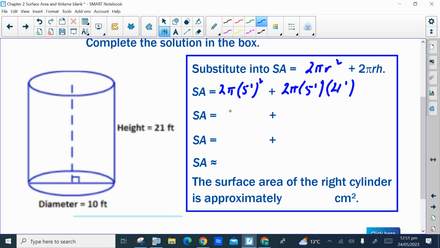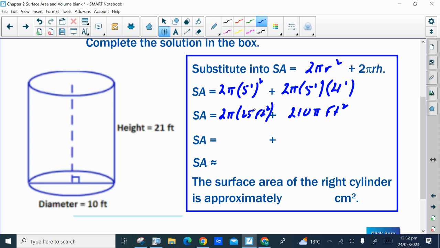So we can square the 5, and we'll get 2 pi times 25 feet squared, plus, we can start to multiply some numbers together here. So, for example, 2 times 5 is 10, times 21 will be 210 pi feet squared. So we could do something else here.